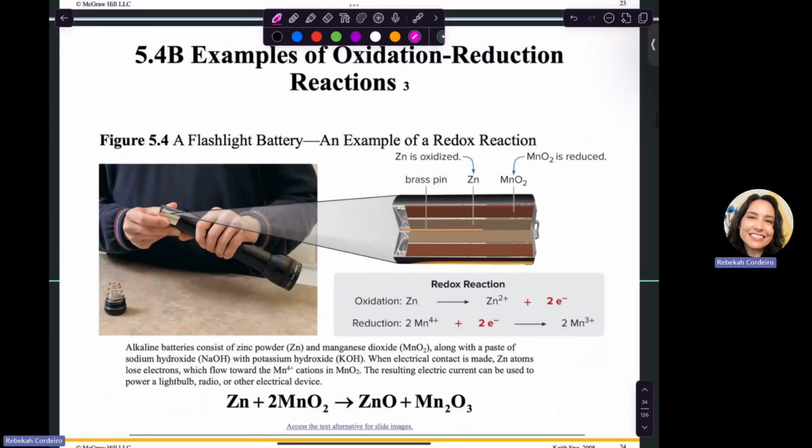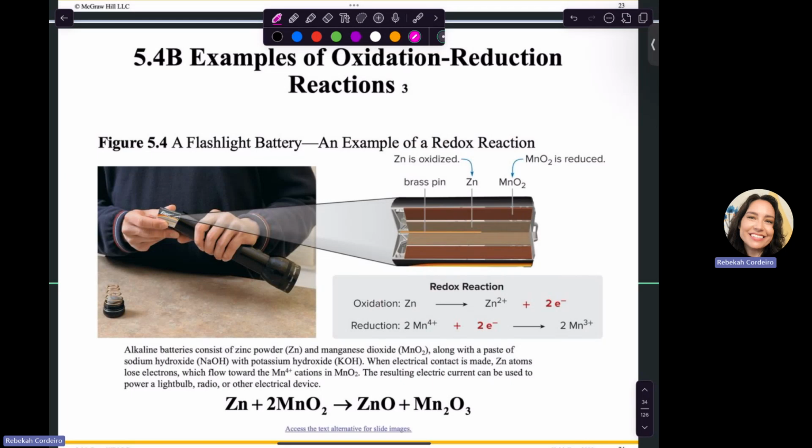Another example of oxidation reduction reactions are batteries. And so here is a flashlight battery, specifically an alkaline battery, with zinc and manganese dioxide. It's got some other stuff in it, but essentially the oxidation reduction reaction is the transfer of electrons that creates electricity. So we transfer electrons along the wire or the brass pin here, and that transfer of electrons causes electricity to be produced.